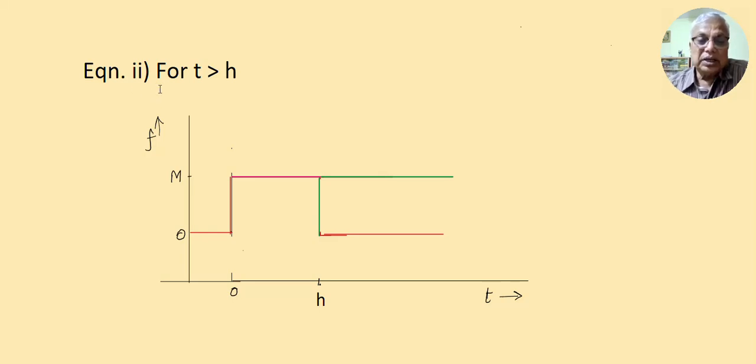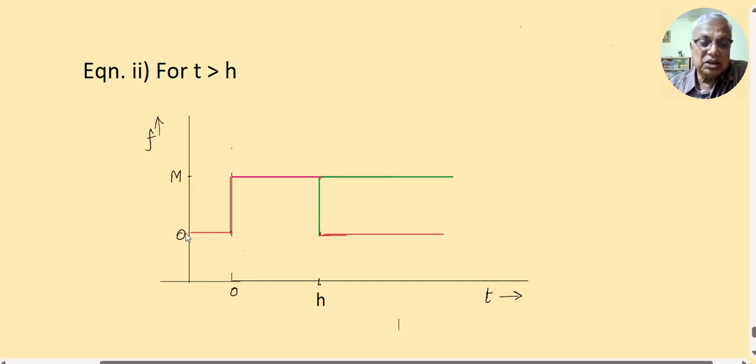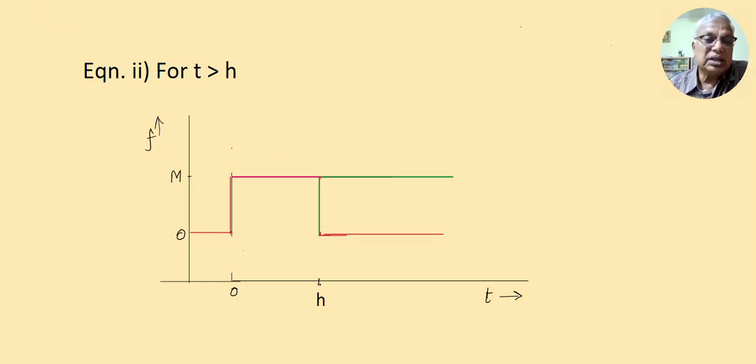Now, to get an equation for the period t greater than h, look at this sketch. I had drawn two functions. There is one function here which I have drawn as this red line, and there is another line I have drawn here which is green. So I have drawn two functions essentially.